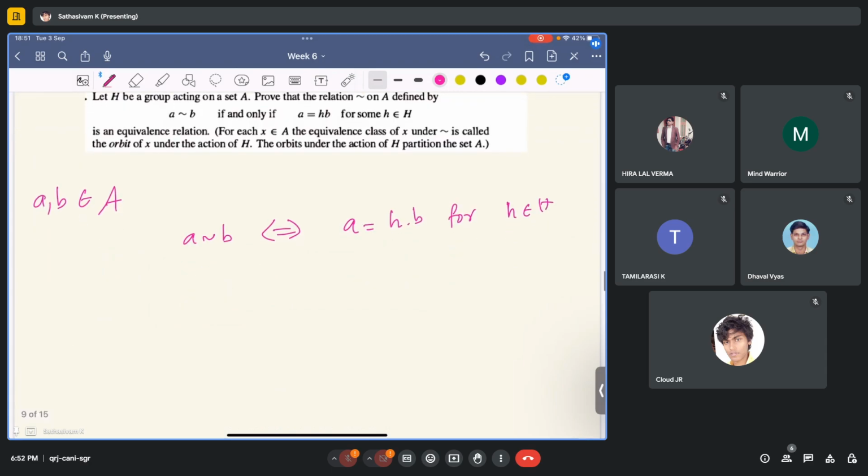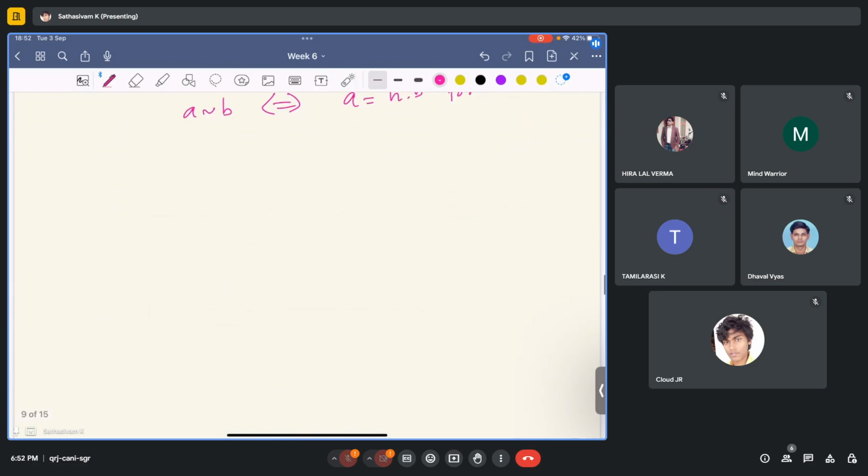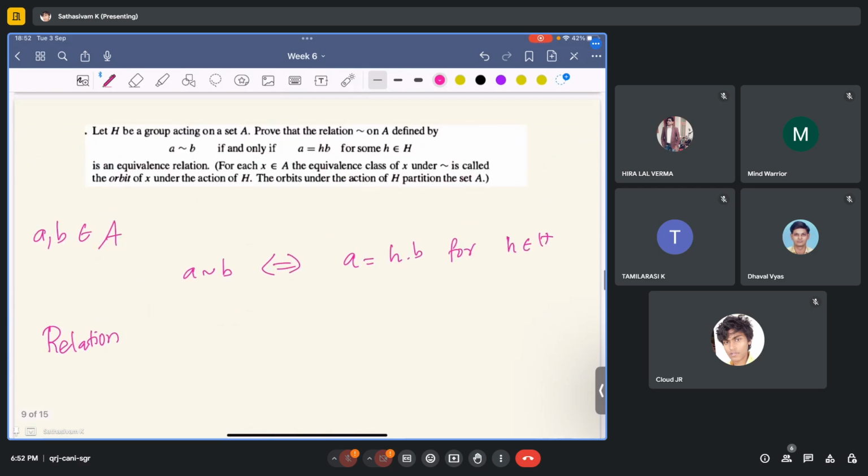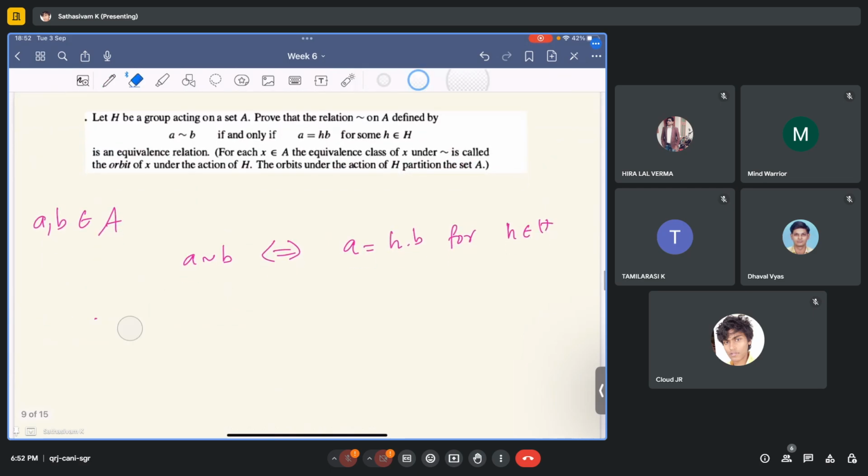So I'll just recall what an equivalence relation is, or maybe I'll just recall what a relation is.